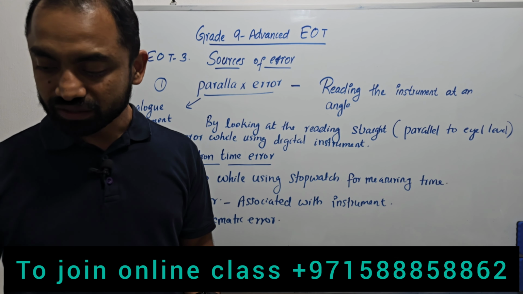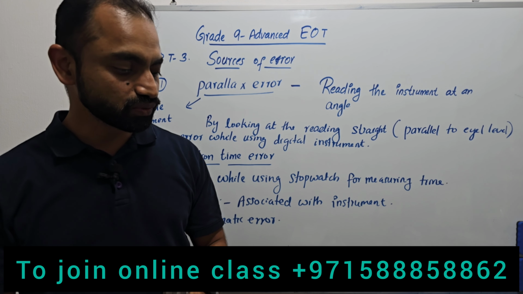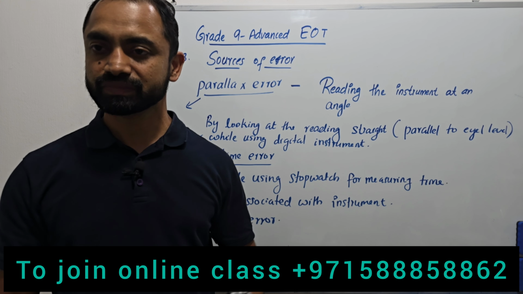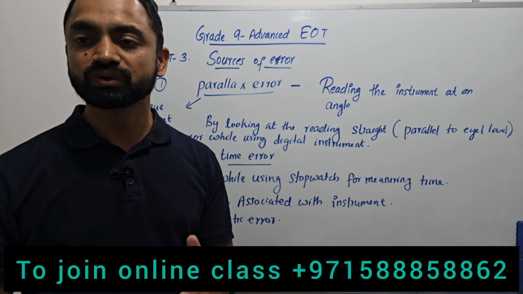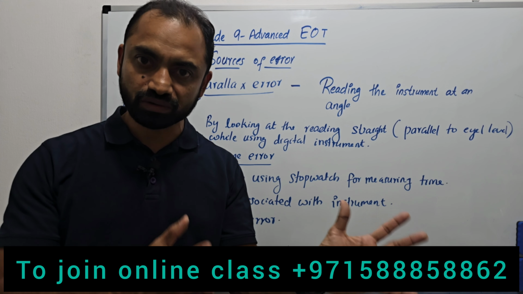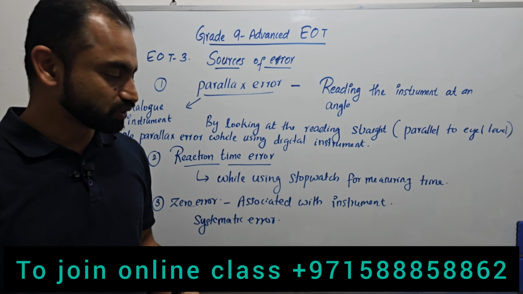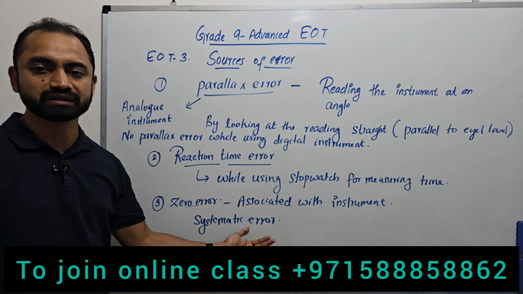Then if I repeat the measurement again, or if another student comes and measures it again, the same mistake will be there, the same error will be there. So by repeating the measurement, we cannot reduce the systematic error.